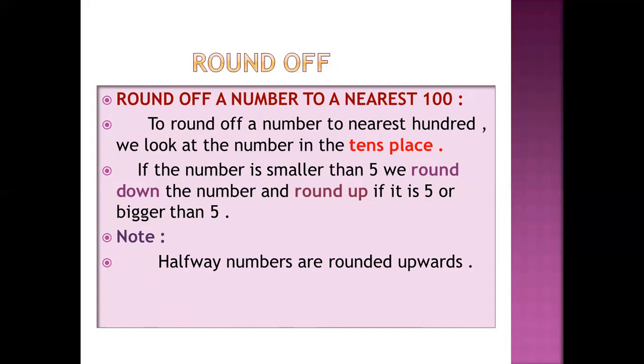The rule will be the same. If the number is less than 5, then we round down and the number falls in the previous one. If the number is equal to 5 or greater than 5, then we round up our number. Again, halfway numbers are rounded upward. It means 5 or greater than 5 are rounded upwards.